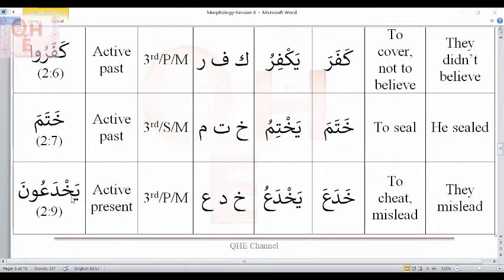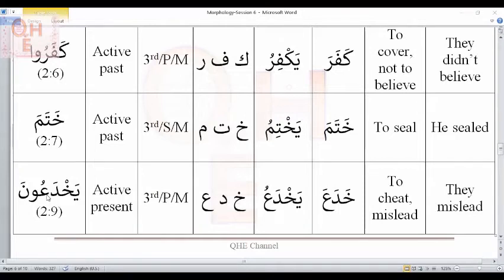yakhda'una. So obviously it looks like a present tense, right? So how do we know it's present tense? We see a prefix, we see a suffix, and also the prefix has fatha. So this is active present tense. And how about the aspects? For example, yaf'alu, yaf'alani, yaf'aluna. So where does it fall? Third person plural male. And if I exclude the prefix and the suffix, what are the root letters?